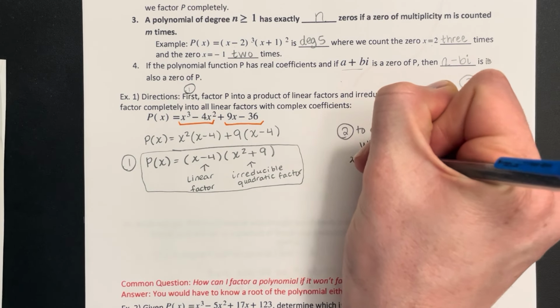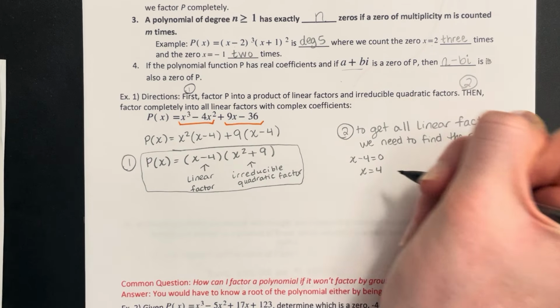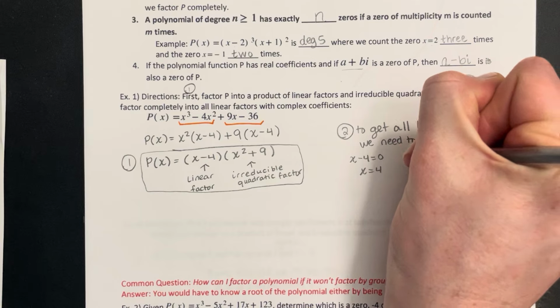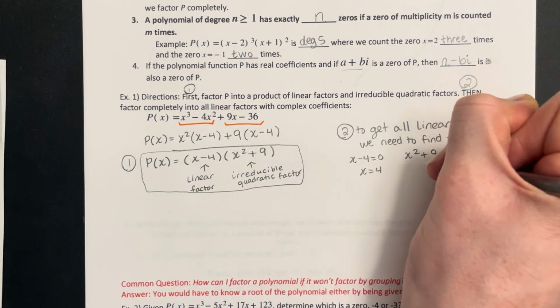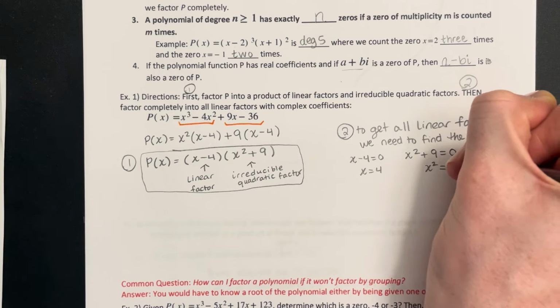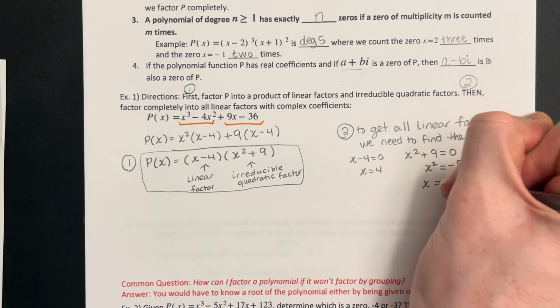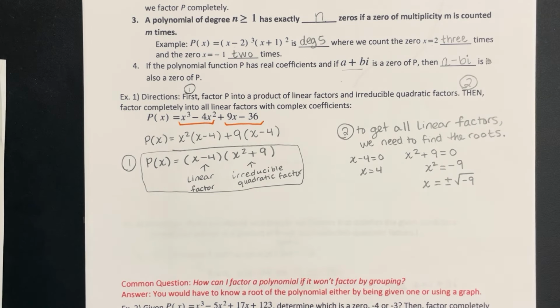We already know that x minus 4 equals 0. It gives me a root at positive 4. That part is a linear factor. We're used to that. The x squared plus 9, we would solve that for when it's equal to 0 by subtracting 9, taking the square root of both sides. That leaves me with plus or minus the square root of negative 9.